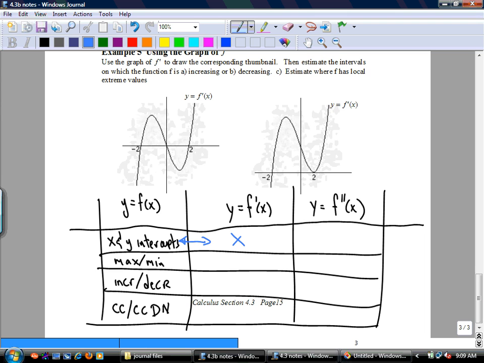Unless I give you, there's always an unless, but for right now there's no unless. You can't do it. Maximums and minimums become x-intercepts. They're the bumps. Did you notice? If I was to draw the derivative graph, I'm going to go up and scribble for a second.